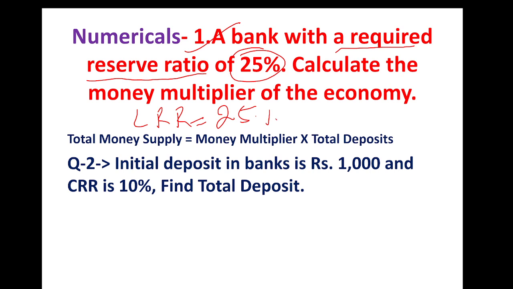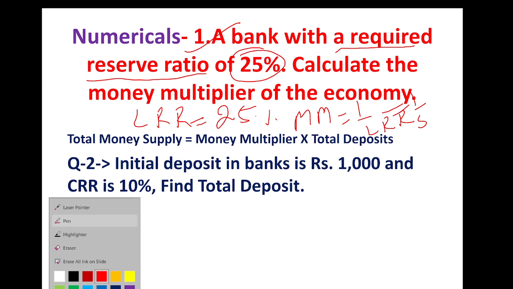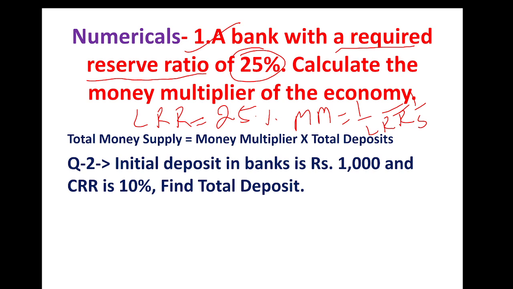So money multiplier, MM, equal to 1 by LRR. Then you can find out 1 by 25%.